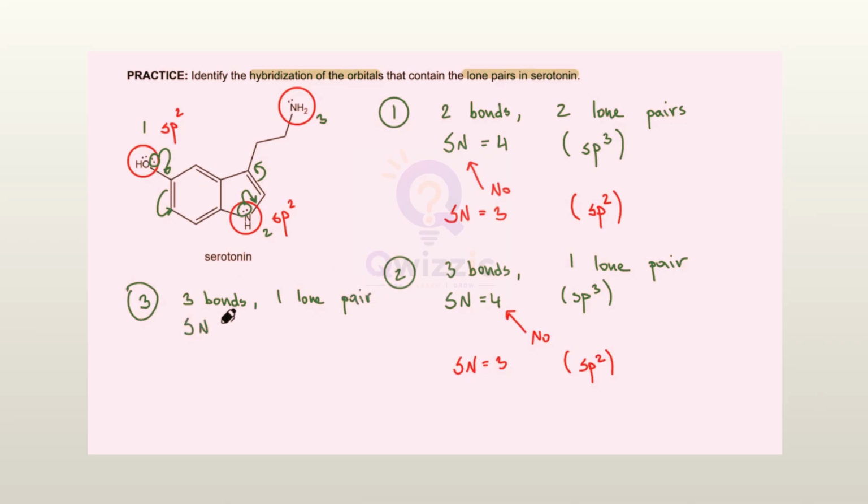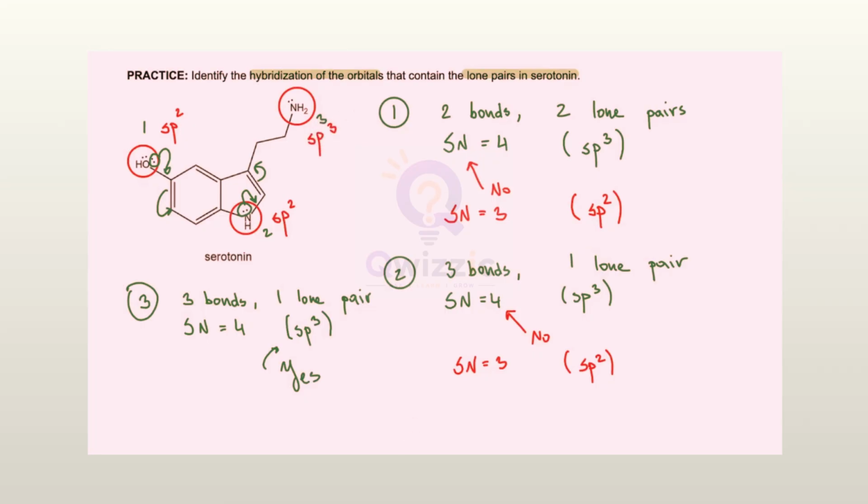The steric number would be 4, 3 plus 1. The hybridization is sp3. And in this case, we can say that yes, indeed it is, because there's no adjacent pi bond that can be used for the delocalization of that lone pair, right? So in this case, it's sp3.